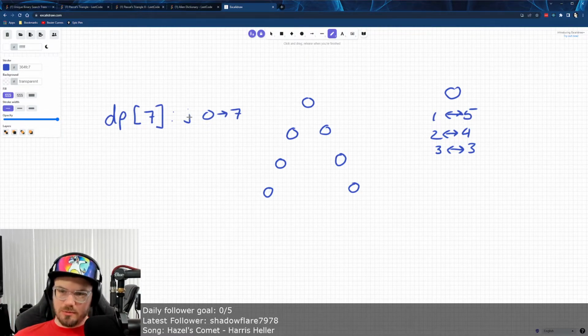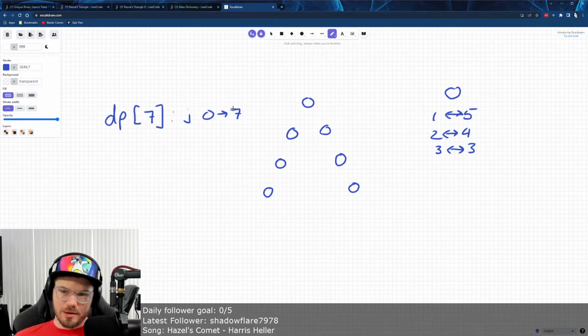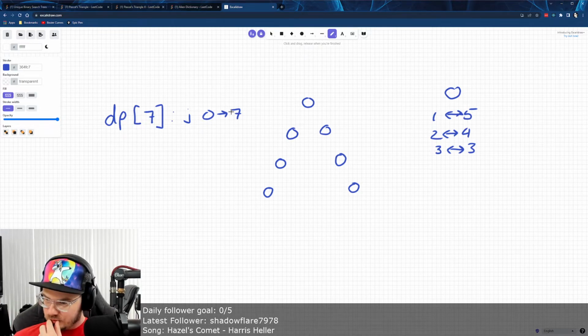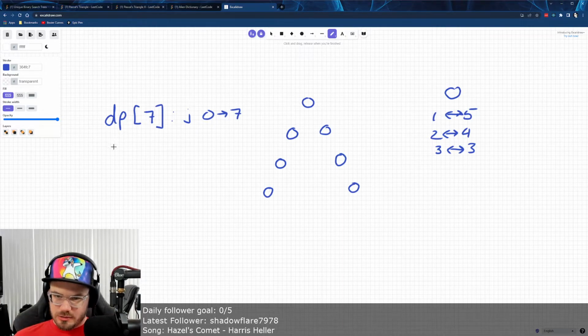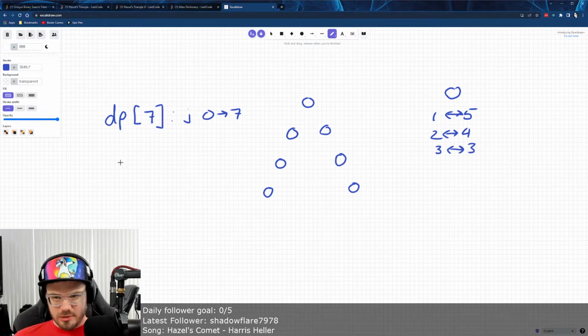And then I'm iterating through all those, where j is the number of nodes I'm putting on the right subtree, and it would be i minus j minus 1 nodes on the left subtree. And then I would have to grab all those dp of i's. So the problem with that is now our solution is not linear, our solution is n squared. But does it need to be? Is there a way to do it in linear time?